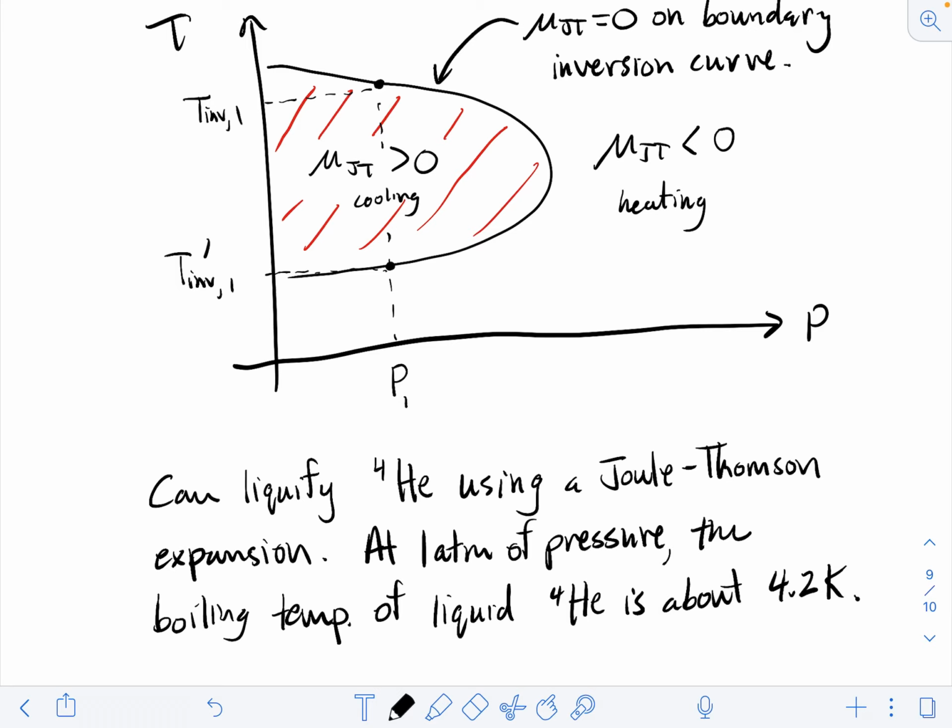So now we're just 4 degrees Kelvin above absolute zero, and we have this bath of liquid helium. What we're going to do next is, if you have liquid helium boiling at 4.2 Kelvin, how could you take the temperature of that helium bath down further?